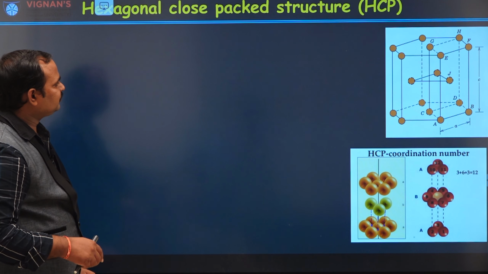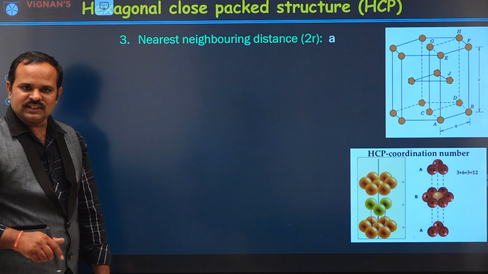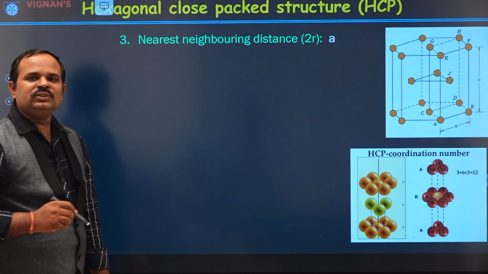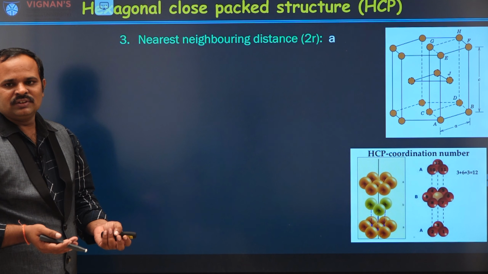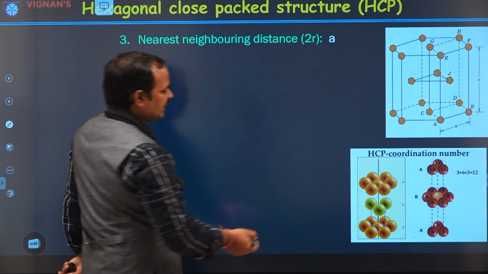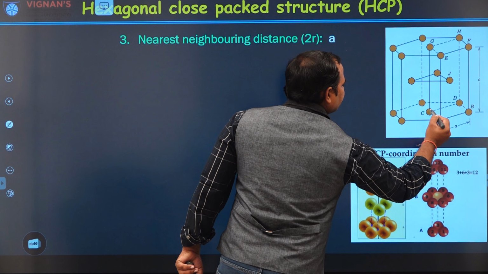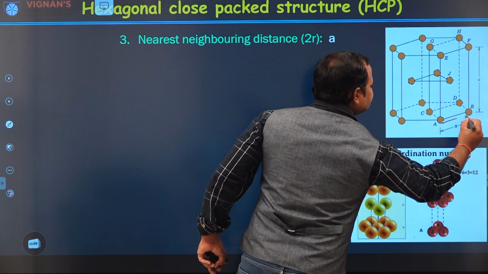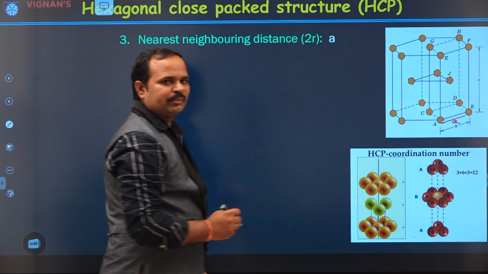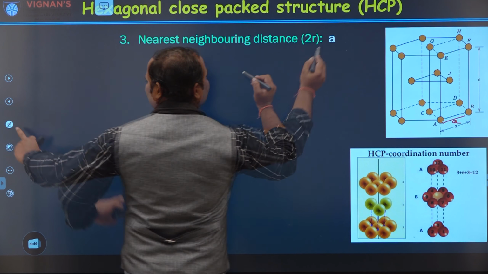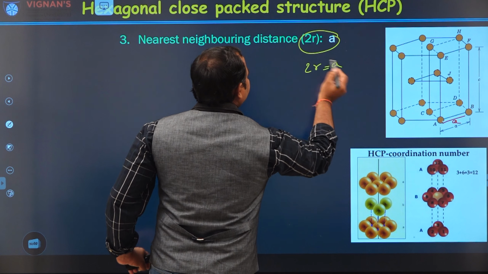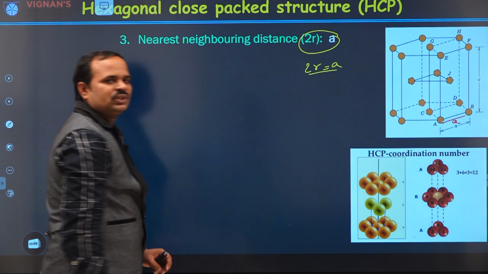The next one is the nearest neighboring distance. We already found the number of nearest neighbors, 12, with a distance a, because they are in contact with each other. So 2r is equal to a, then the nearest neighboring distance is 2r.